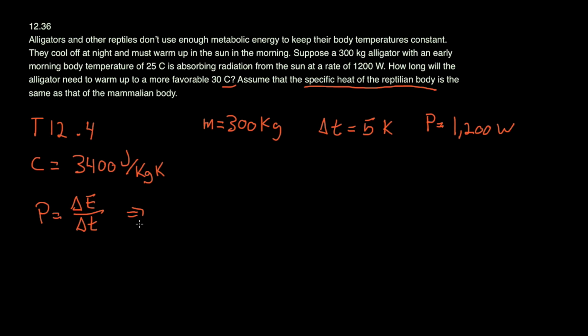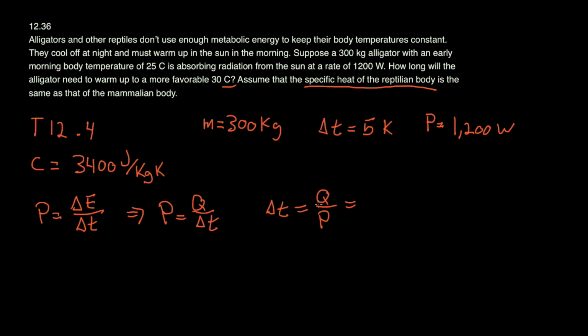So we can rewrite this as power is equal to Q over delta T. And if you'll notice, we know delta T. Oh, we don't know delta T. We're going to try to solve for that, but we know P, and we can get Q. So let's just rearrange this first. Multiply delta T to both sides, and divide both sides by P. We get delta T is equal to Q over P.